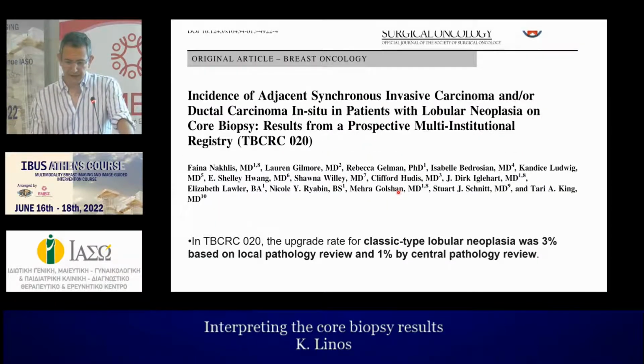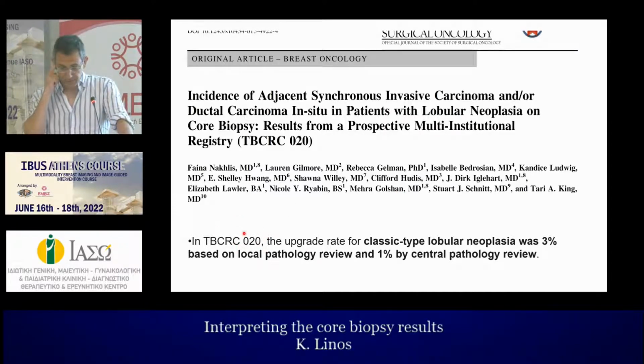And very recently, a couple of years ago, the data of the Translational Breast Cancer Research Consortium were published, the results of multi-institutional trials. One of them was the TBCRC 020 that looked at determining the upgrade rates of ALH.